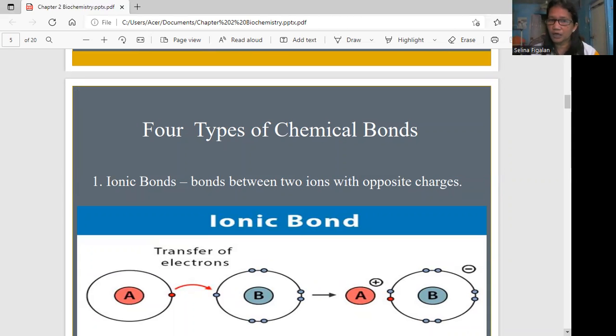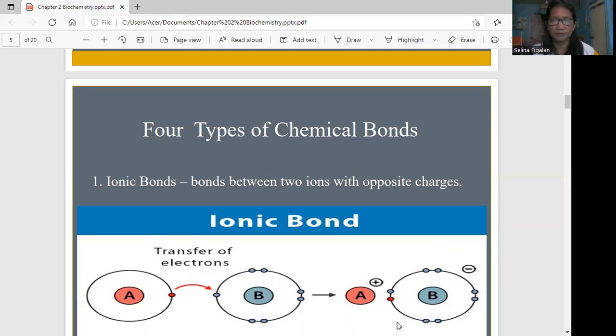They combine, the sodium and chlorine, to form sodium chloride. Okay, so the chemical bond used is the ionic bond. The other one is losing and the other one is accepting. So one donates and the other one accepts.